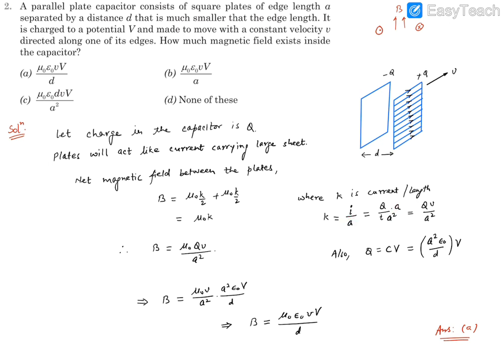Downside a becomes a square and upside it is a. Now T is the time it takes to move this distance a with a velocity v, so distance travelled divided by constant speed, it's going to be a by v.